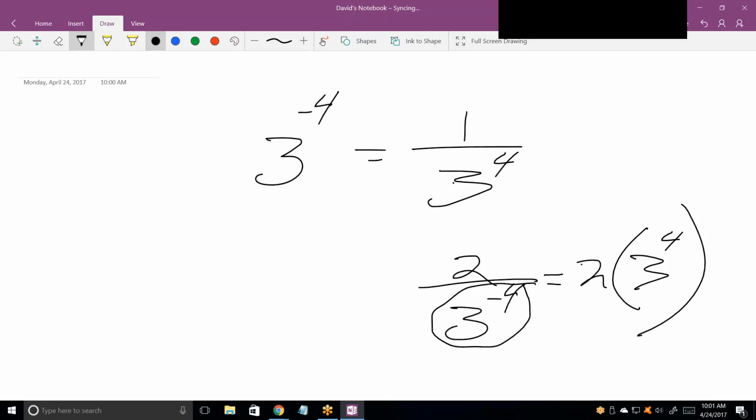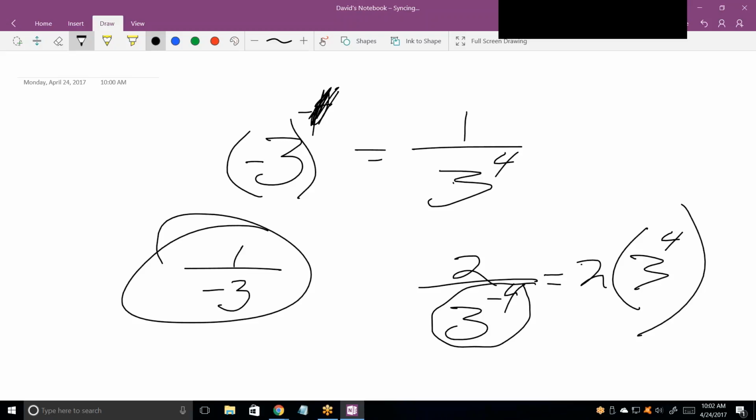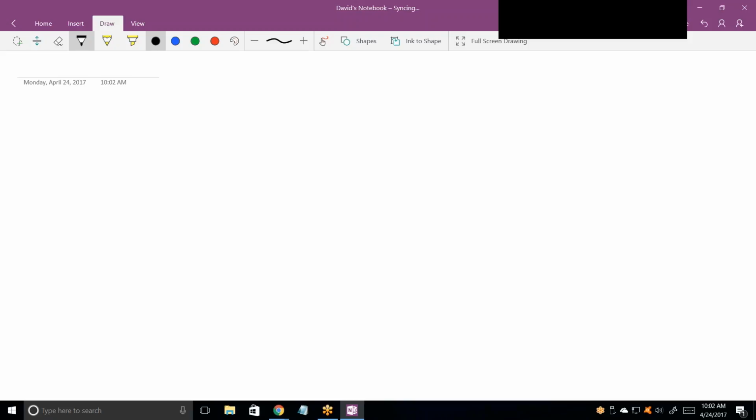If it was a negative number to an odd exponent, then it might be negative. If I had -3 to the -1, that would be 1 over -3, a negative number. But generally, they're positive numbers. All right, what else you got?